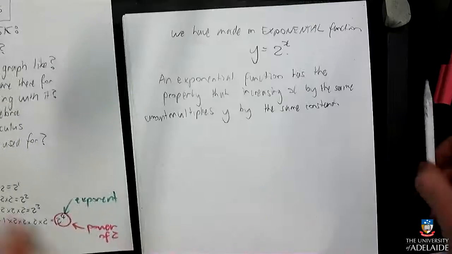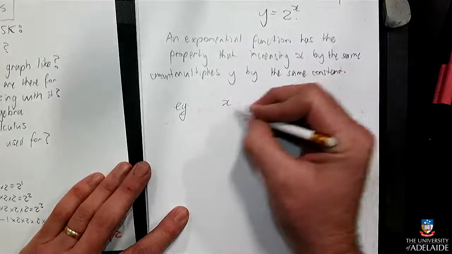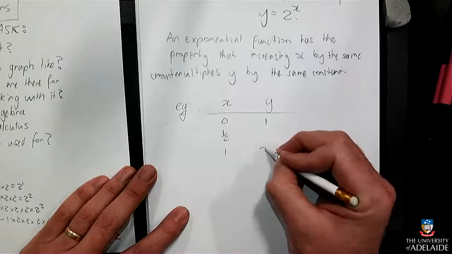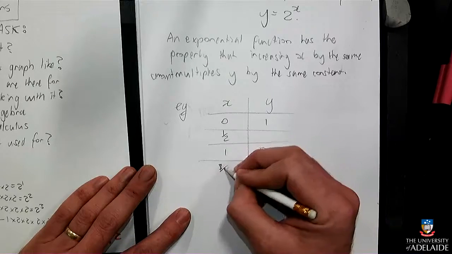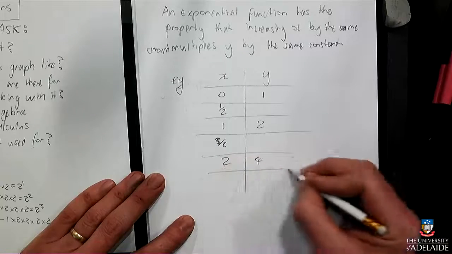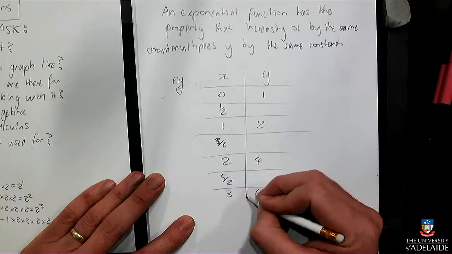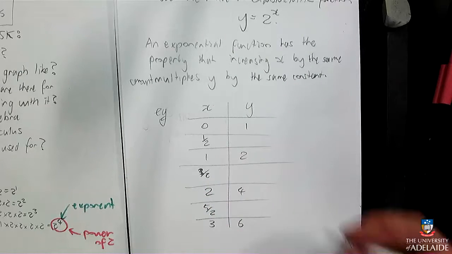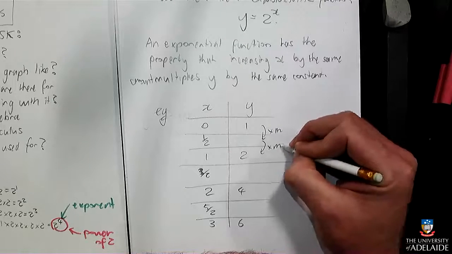Okay, so let me just do another example. We can fill in the gaps between these things by thinking about what we would have to multiply twice by to get to there. So this would be times some constant and then times some constant again.